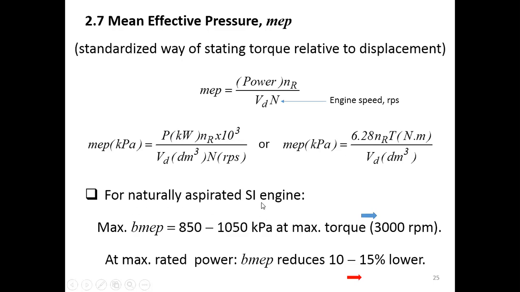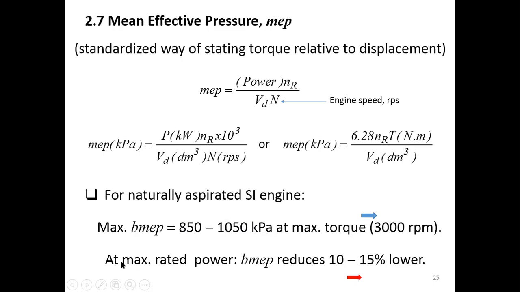For naturally aspirated engines, when you design the engine with conventional material and conventional equipment, the maximum brake mean effective pressure, BMEP, stands for brake mean effective pressure. The maximum one will be around 850 to 1050 kilopascal at the maximum torque, which is 3000 RPM.